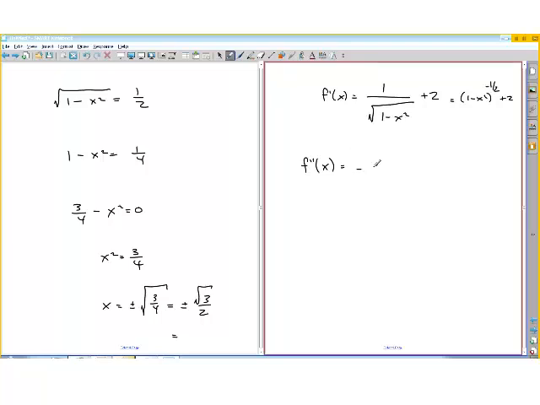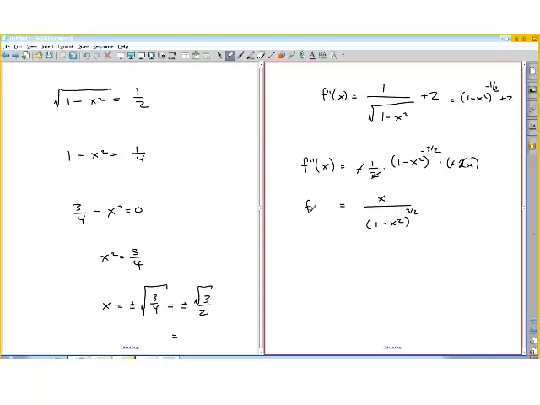So when I take the derivative, I get negative 1/2 times 1 minus x squared to the negative 3/2 power. And then I use the chain rule, so I have to multiply by the derivative of what's in here, which is going to be negative 2x. So the 2's cancel out, the negatives cancel out, and I end up with x divided by 1 minus x squared to the 3/2 power when I move that to the denominator. So that becomes positive 3/2 power.